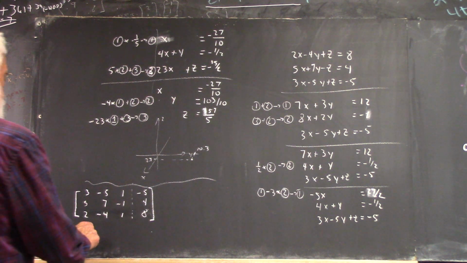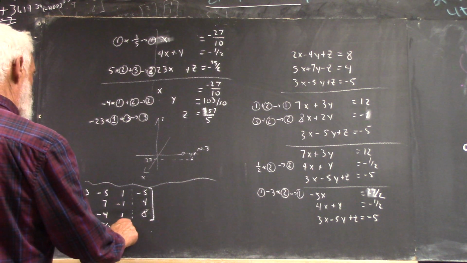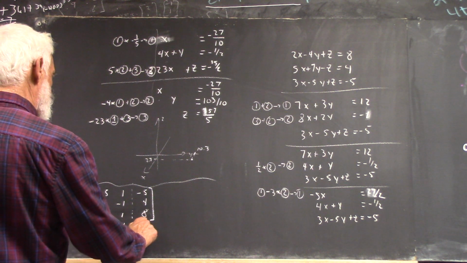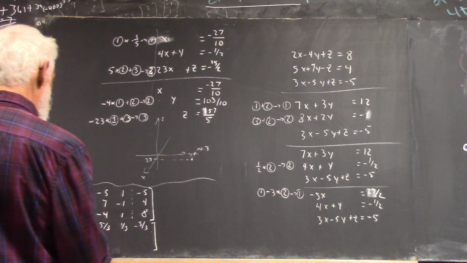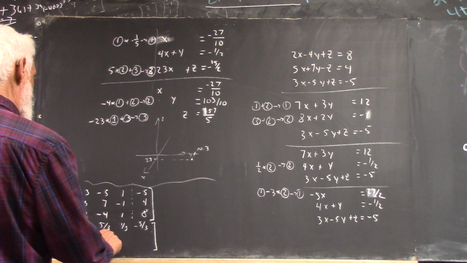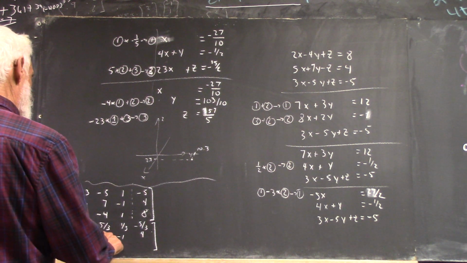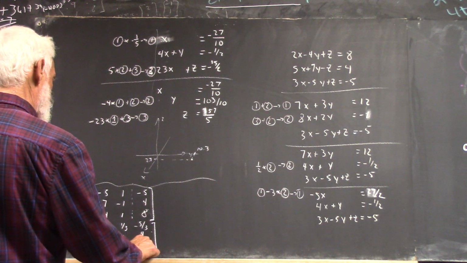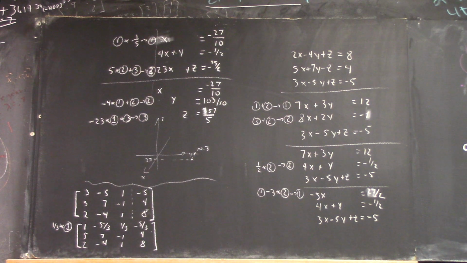One-third times the first row gives me 1, negative 5/3, 1/3, negative 5/3. Then we're going to have a second row, and the third row. Okay?